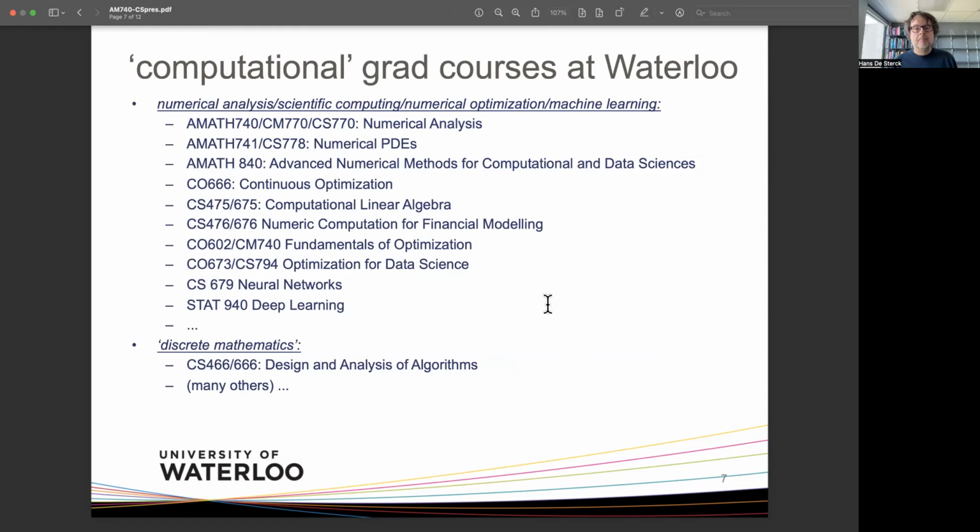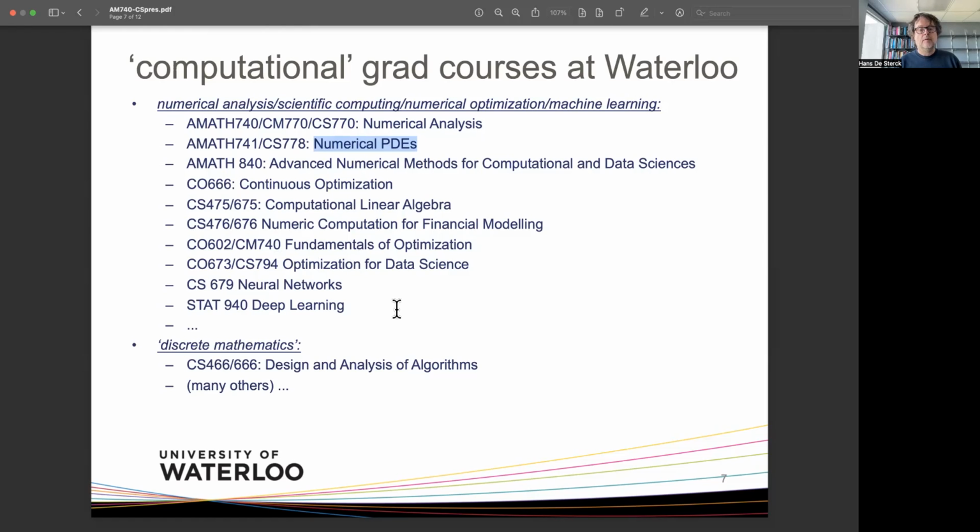This course is a good preparation for other computational or numerical grad courses at Waterloo. We have a numerical PDEs course in the winter semester. There's also a new course on advanced numerical methods for computational and data sciences, also taught in winter. We have continuous optimization, computational linear algebra, numeric computation for financial modeling, fundamentals of optimization, optimization for data science, neural networks, deep learning.